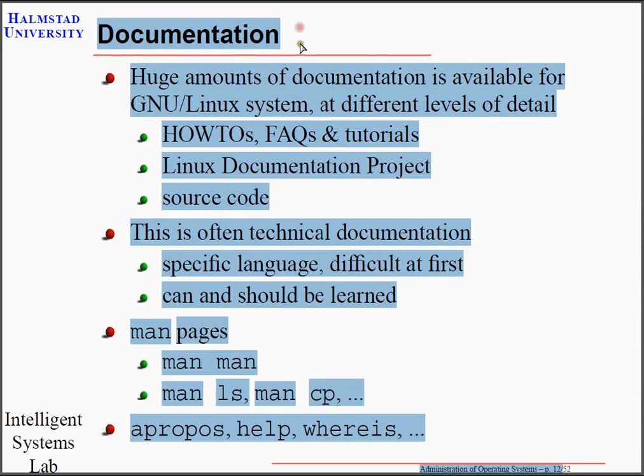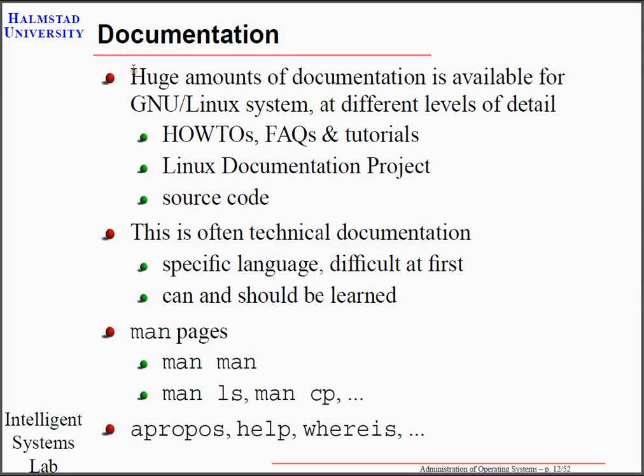Again, we have mentioned the documentation before, but there is a lot of it available. So on those slides, I only briefly introduce different kinds of utilities. I show some of the more important options that you can use with them, but definitely not all. So there is different how-tos, FAQs, tutorials.